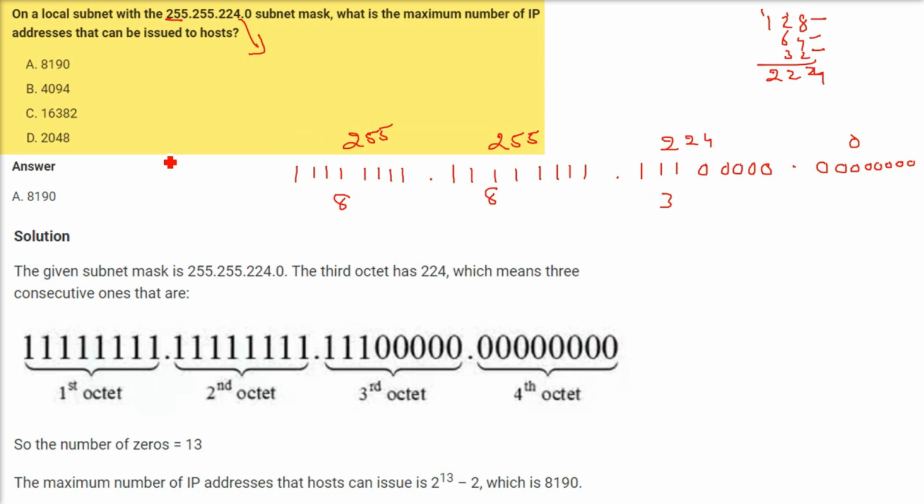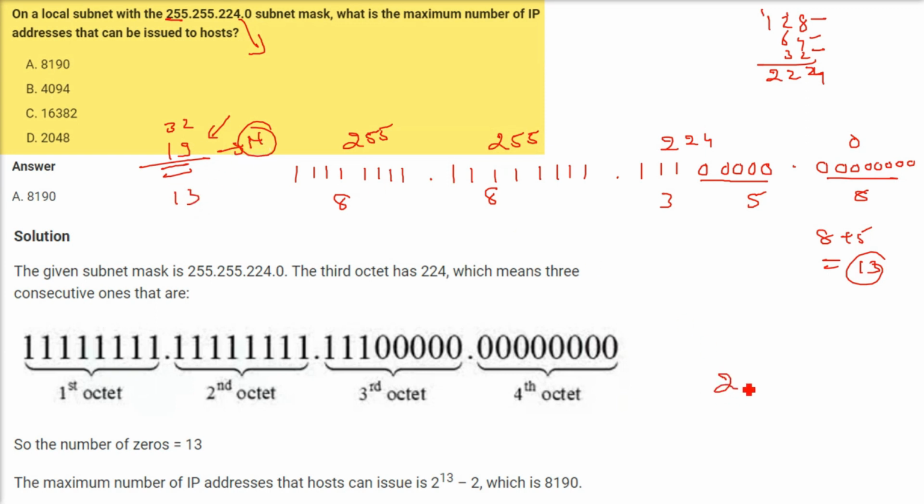So the number of ones: 8 plus 8 plus 3, 19 is for the network or the subnets. How many are for the host? In all we have 32. Now subtract this 19 from 32, or you can just compute how many zeros there are. 5 plus 8, 13. So 13 zeros are there. 32 minus 19 is also 13.